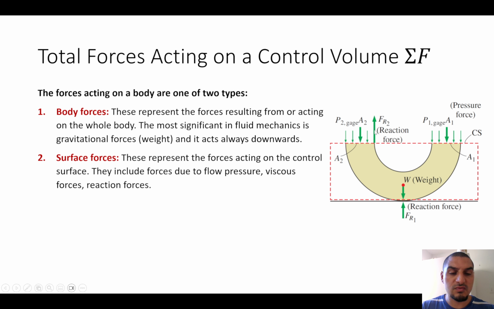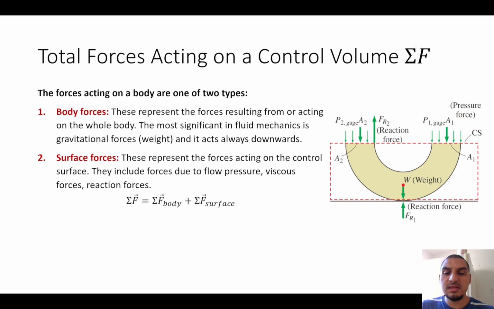Then there is a reaction force acting upward, because it prevents the body from going downward. It's mainly in the direction opposite to the other forces. If the force is gravitational, then the reaction is upward. If something would fall to the right, then the force would be to the left. So it's an opposite force. This is the reaction force.